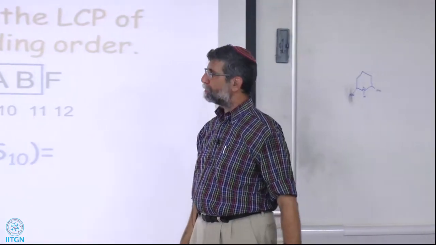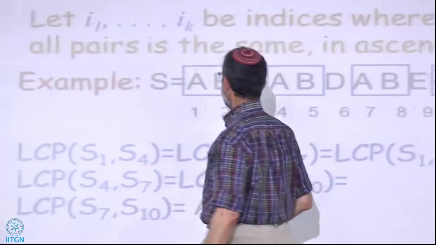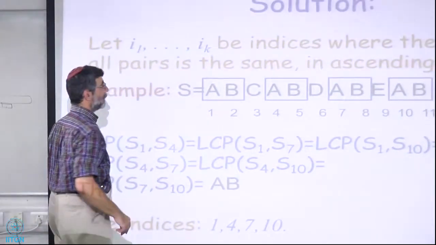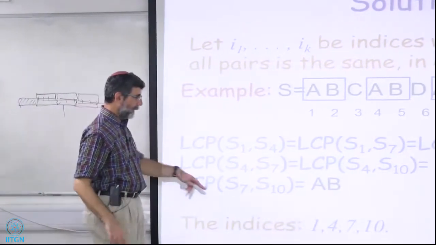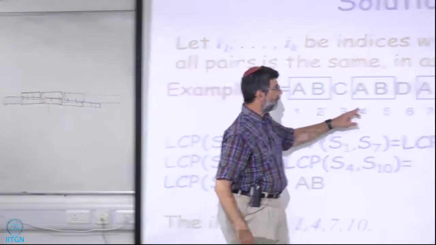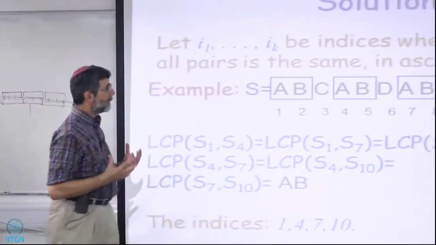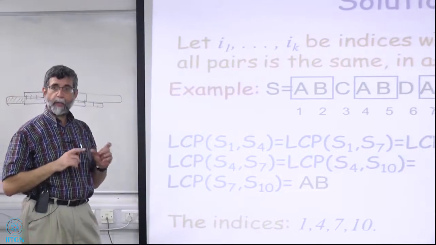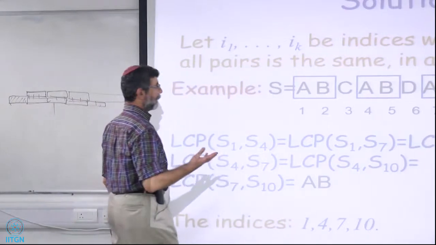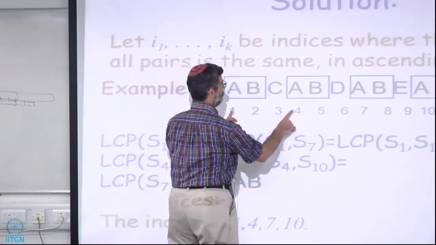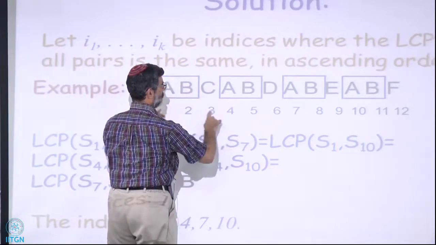In other words, let's say we have a bunch of indices, in this case 1, 4, 7, 9, that we keep in ascending order, where it turns out that the LCP of any two of these is the same. So in this example, the LCP of 1 and 4 is AB, because here you have a C, here you have a D. So obviously the LCP is AB.